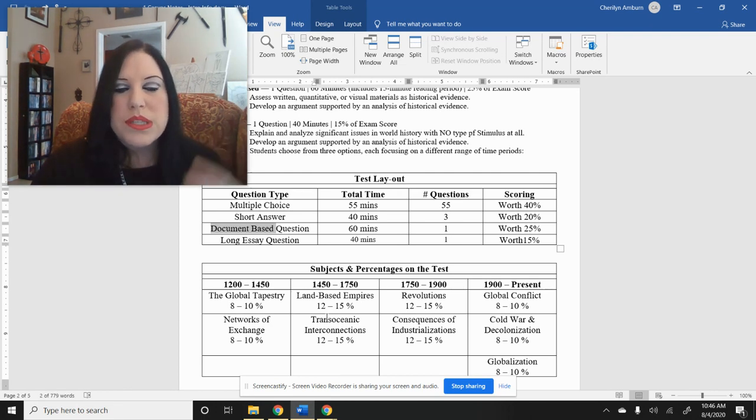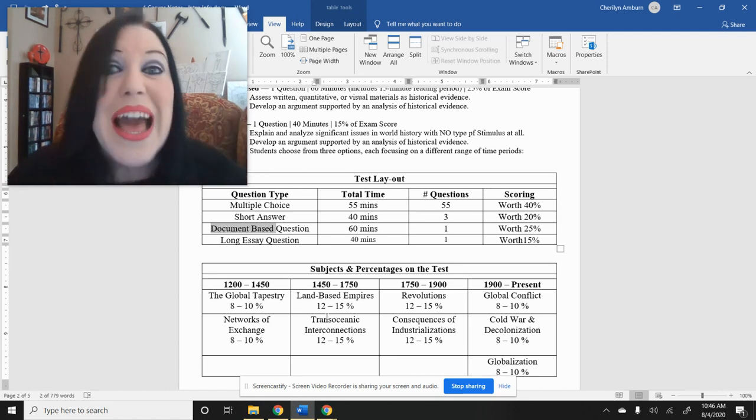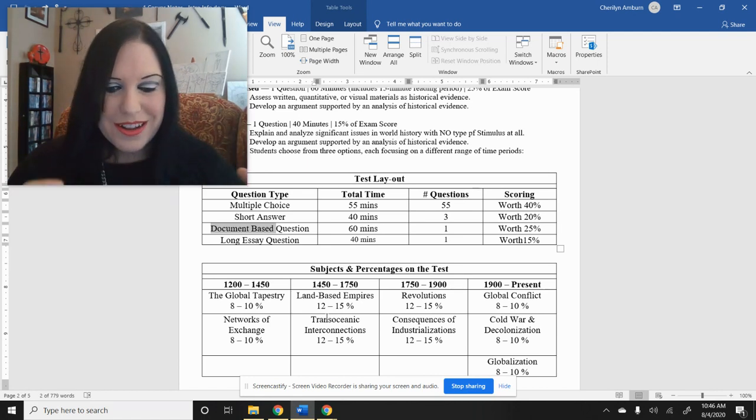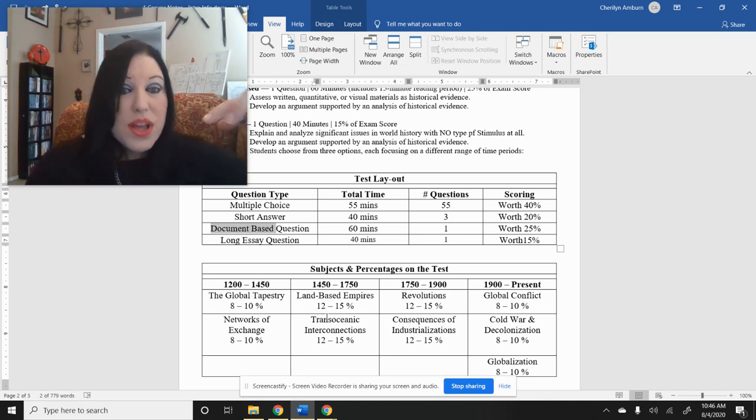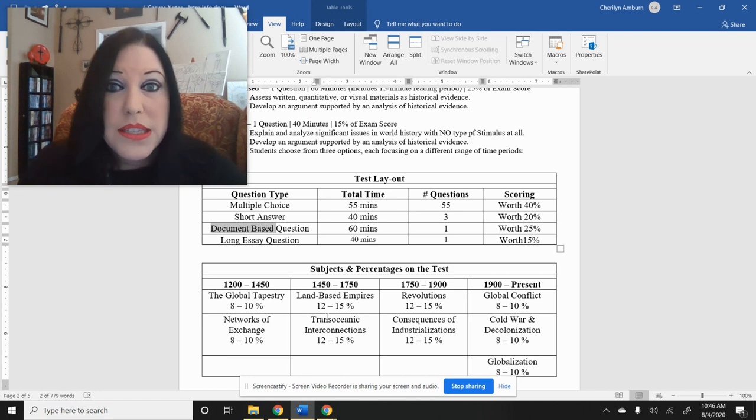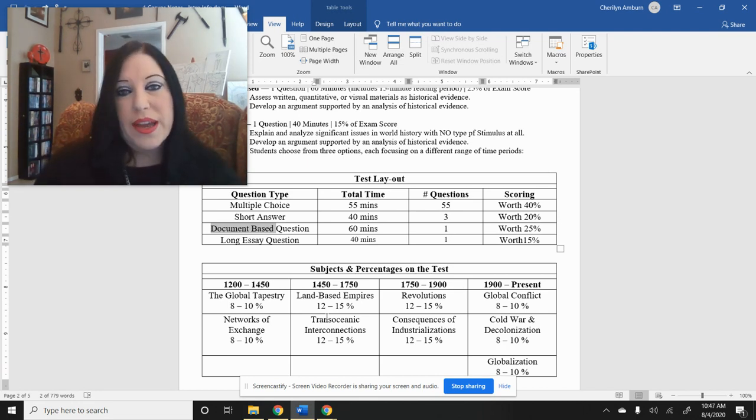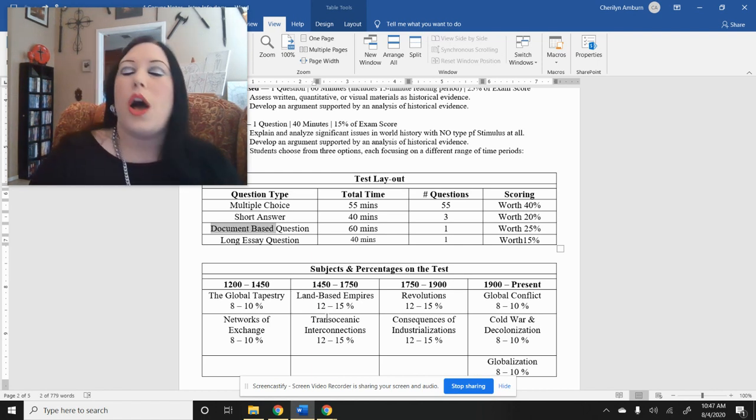So it's not the names, dates, and facts that matter. It's how everything connects. That's the word I was trying to remember earlier. Connects. It's how everything connects in history, and everything does. I promise you, stuff that we're going to talk about this year, happening in 1066, still affects today. Absolutely.